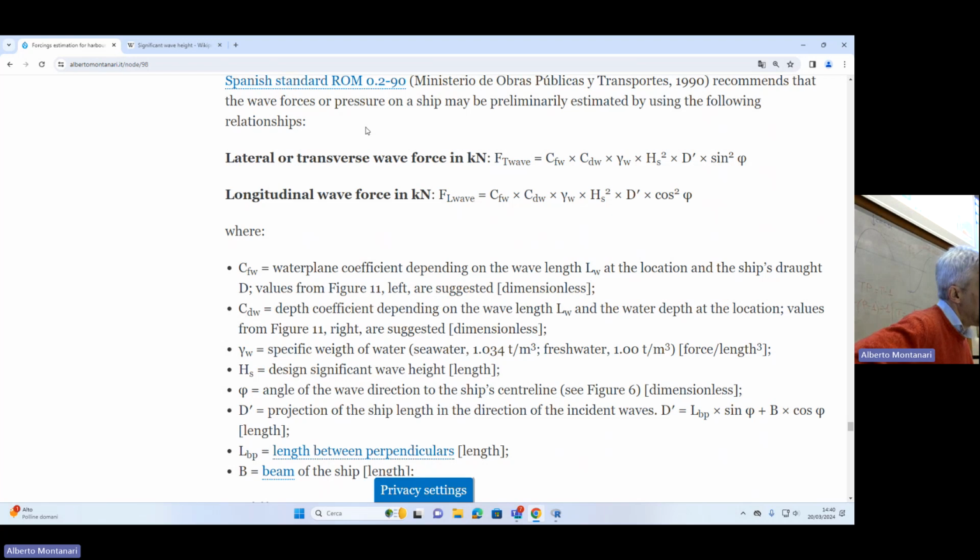Because they don't break. Actually, there is a movement along the vertical direction, but in the horizontal directions there is a very small, very limited orbital movement of the fluid particles, but it's negligible. So in a harbor, we don't want waves breaking, and therefore we adopt a depth of the harbor so that the waves don't break.